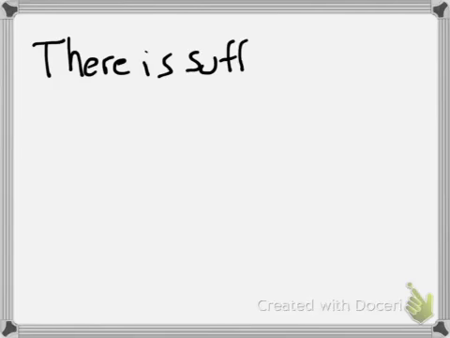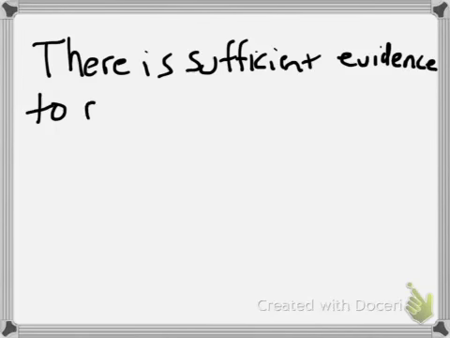To finalize this problem, we can write our formal conclusion, which is formatted like this. Because the claim was rejected, there is sufficient evidence to reject, and it's reject because our claim is the null hypothesis, so reject would be the word that you put in there.